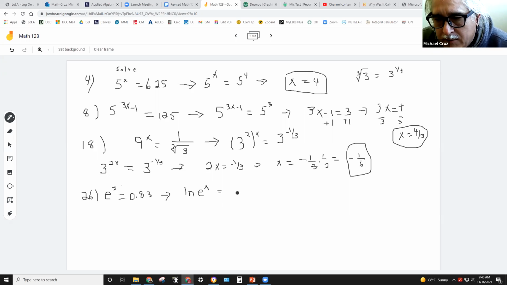And then on the right side, we're just going to use that as an approximation. All right, so these two undo one another.